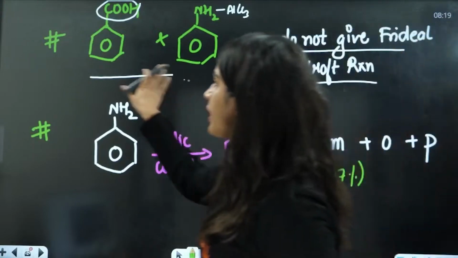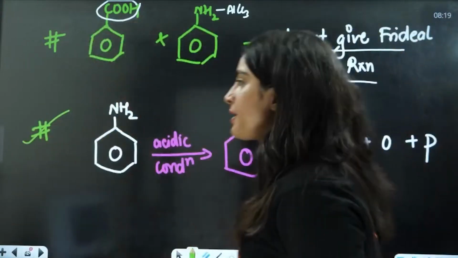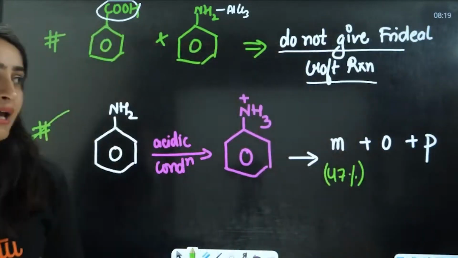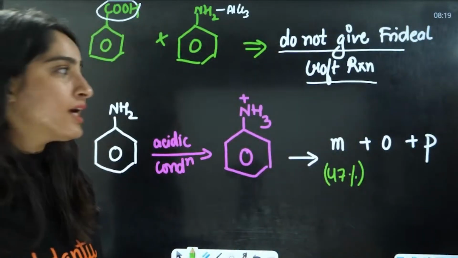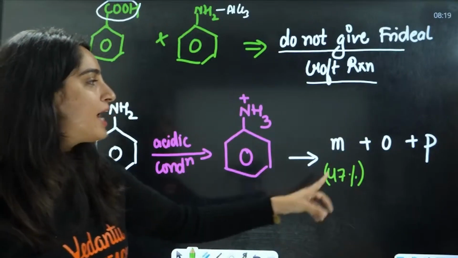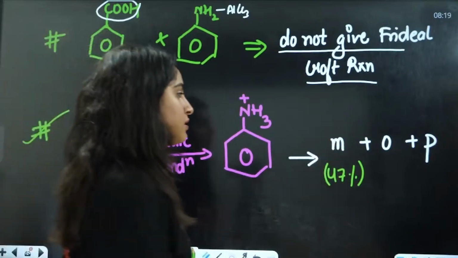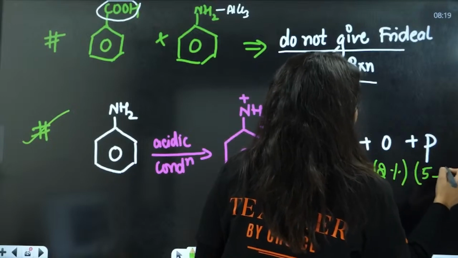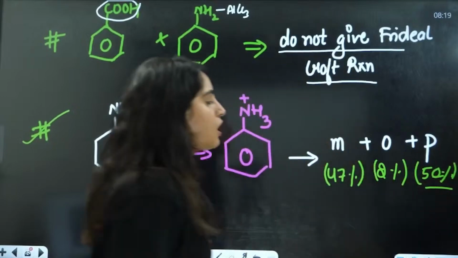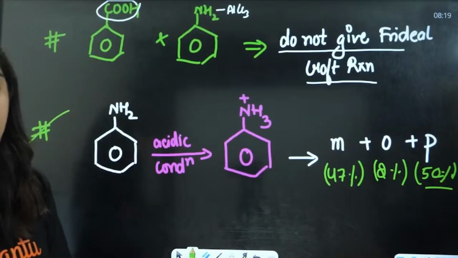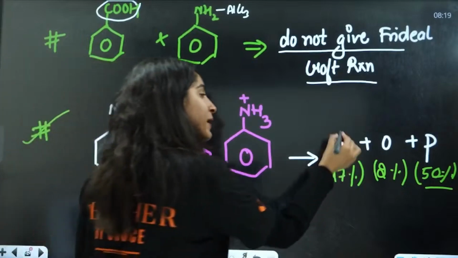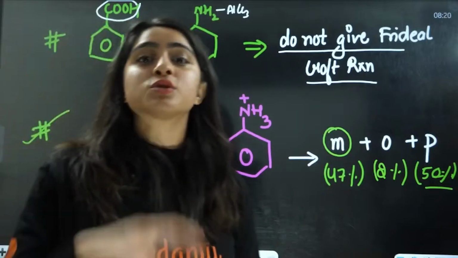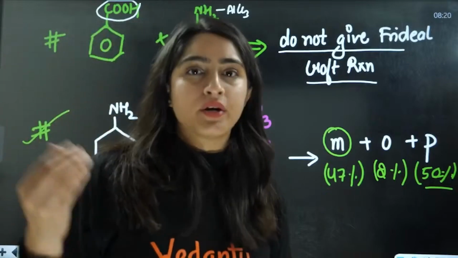Next, very important, that is aniline. This is an exception: aniline is ortho-para directing, right? But in the case of nitration, it gives 47% meta, 2% ortho, and something like 50% para. Why so? What is the reason? It gives the meta product because in nitration we use concentrated H2SO4 and concentrated HNO3.